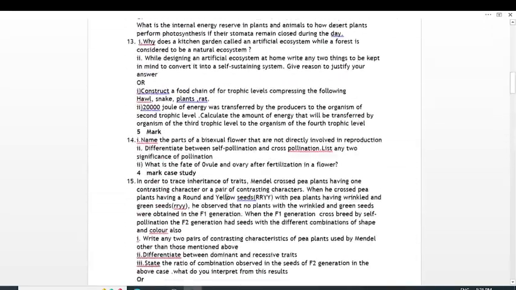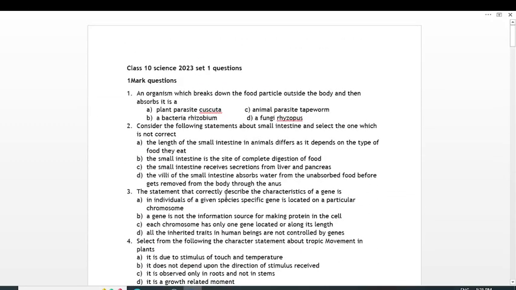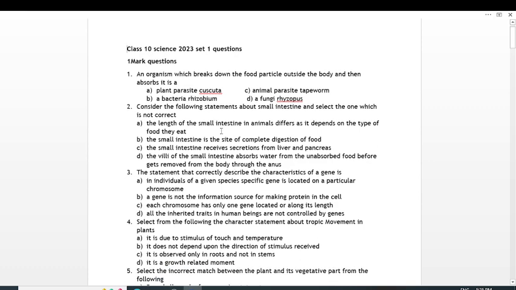See here, an organism which breaks down the food particles outside the body and then absorbs it is... So I think you got the answer, it is fungus. So fungi or rhizopus. All the fungus are not able to prepare the food, or they can't do digestion inside the body.